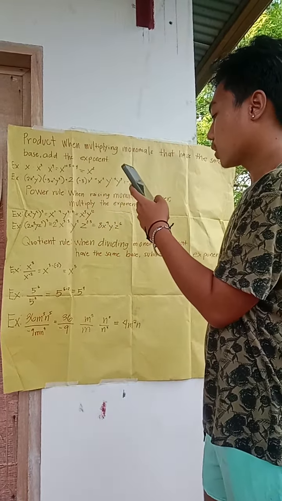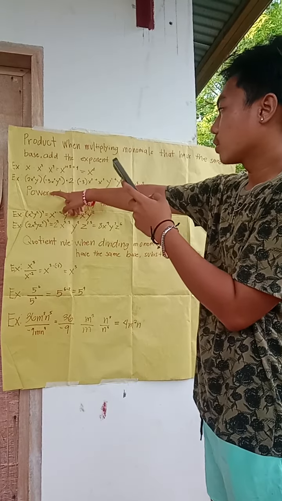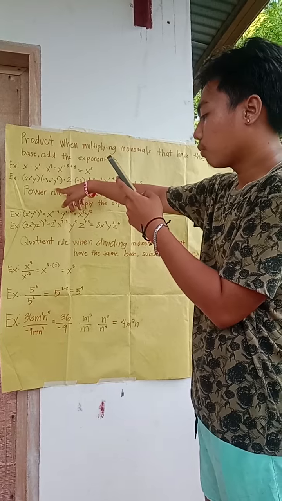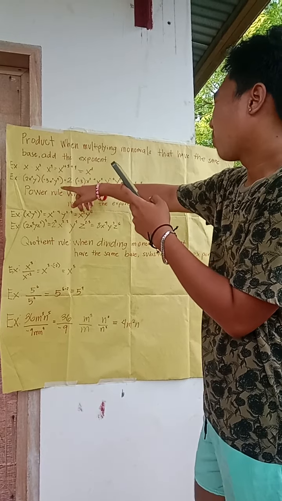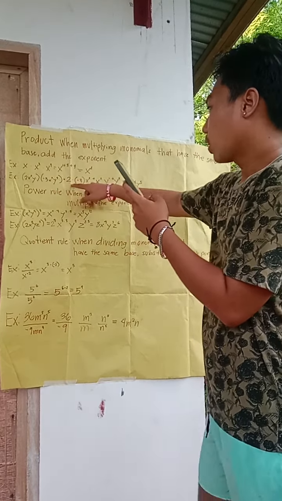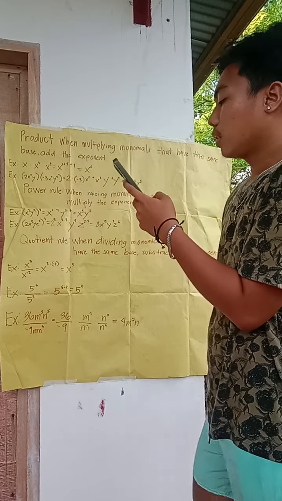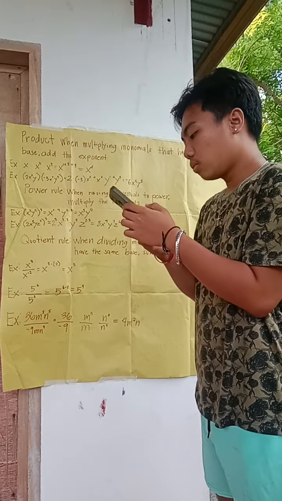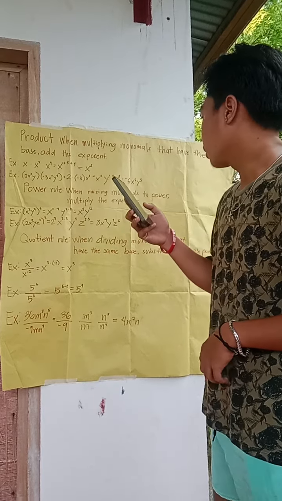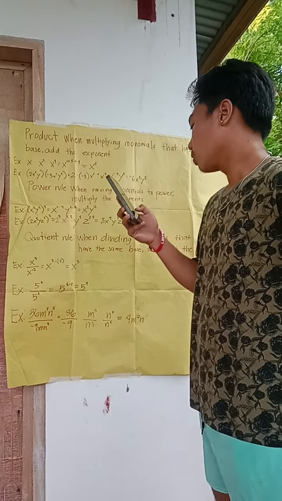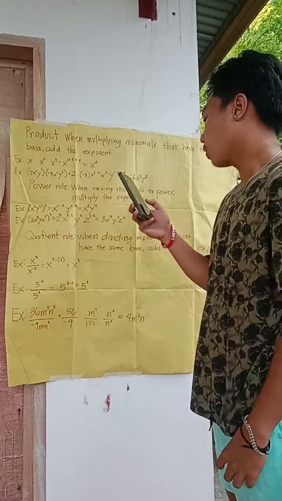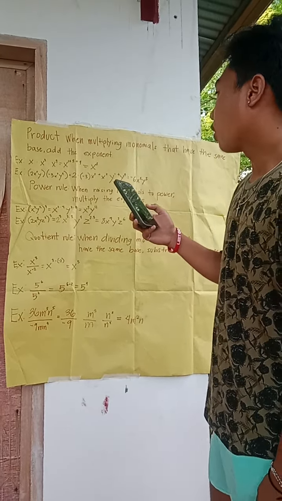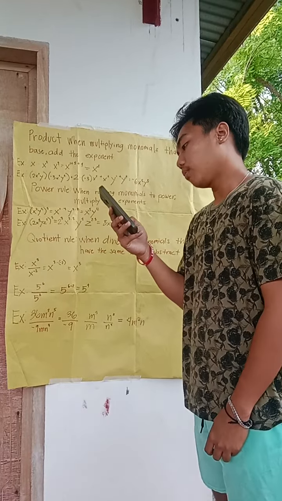Proceeding to the next example: 2x squared y times negative 3x to the power of 3 and y to the power of 4 equals 2 times negative 3, and x squared plus x to the power of 3, and y to the power of 1 plus y to the power of 4, equals negative 6x to the power of 5 and y to the power of 5.